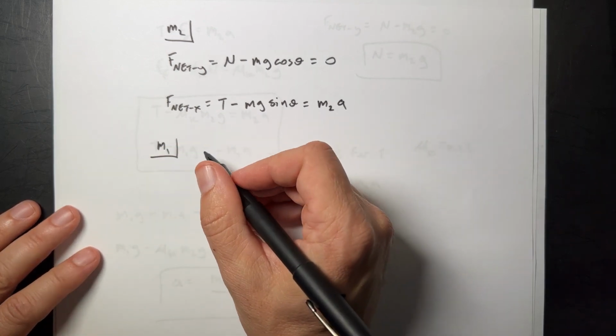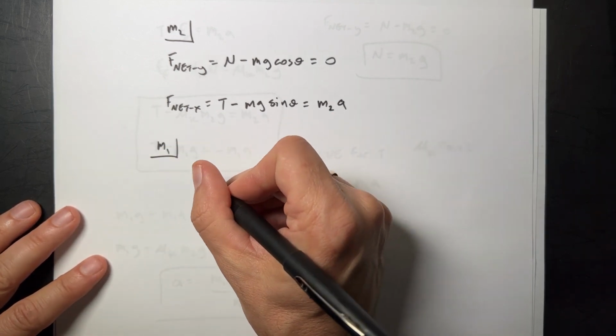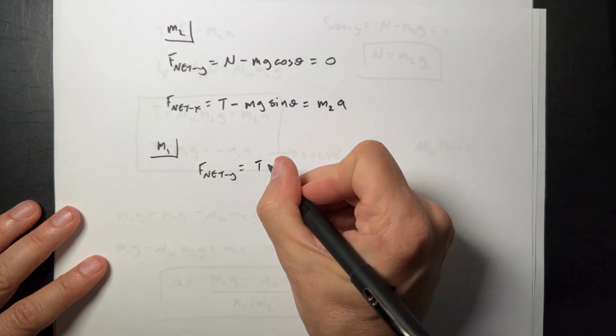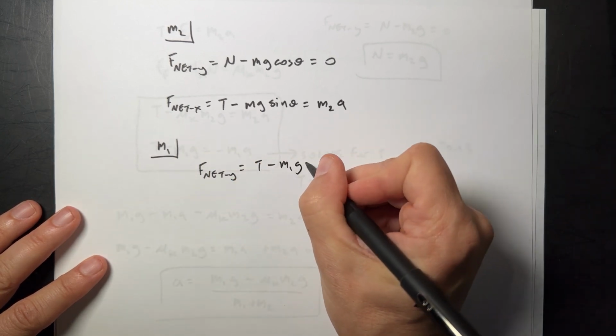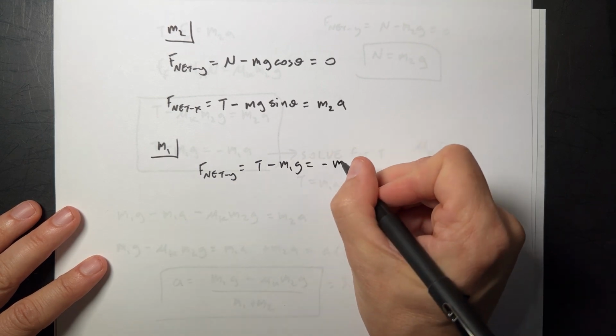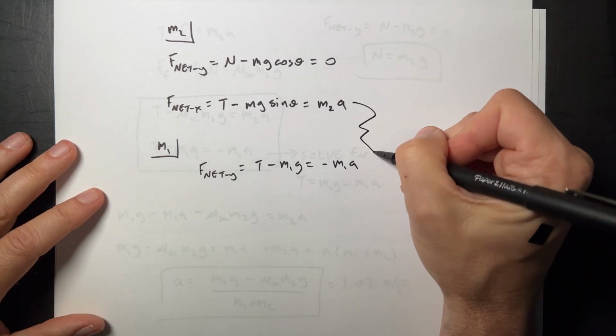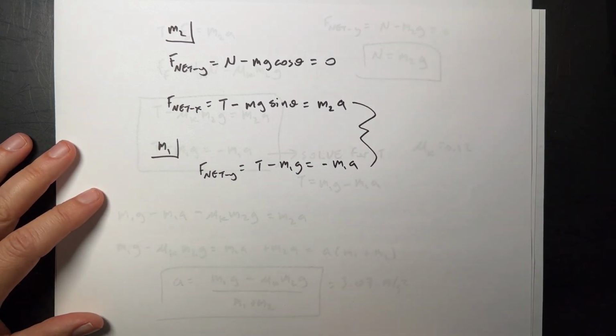M1 has the same diagram it had before. So I can just say F net in the y direction is going to be equal to T minus m1g. And that's going to equal negative m1a because it's accelerating in the negative y direction. But two equations, two unknowns.